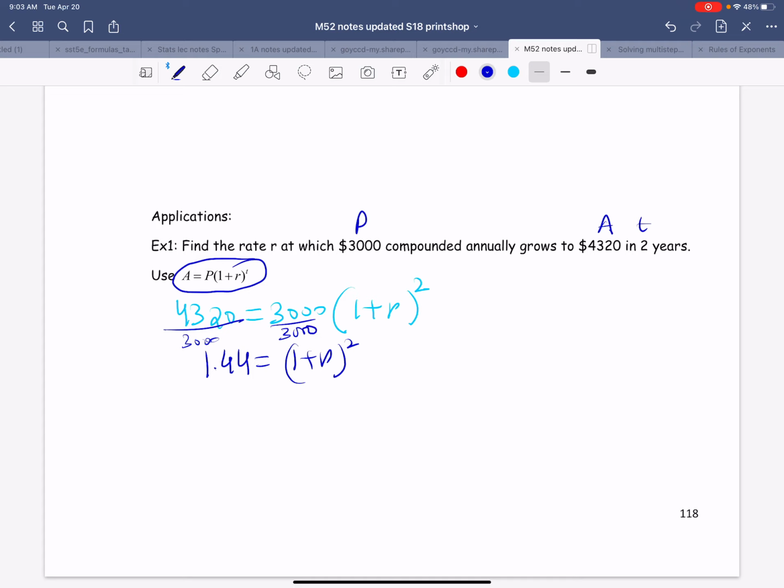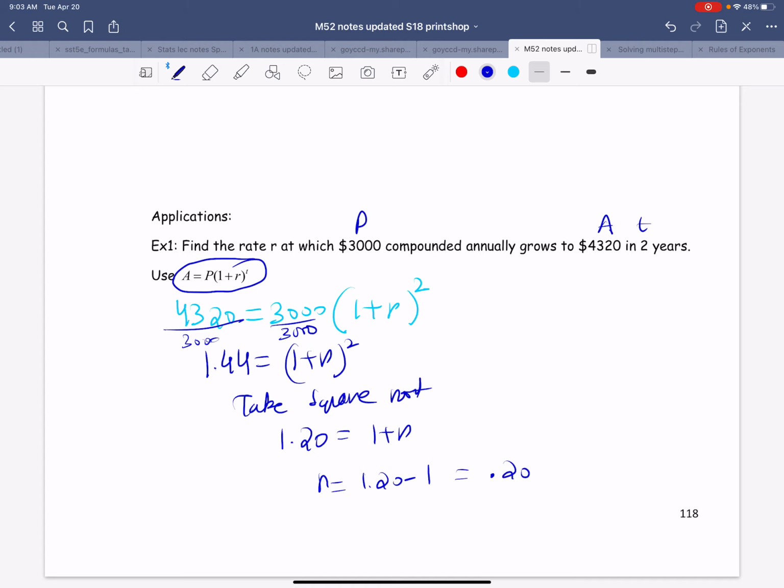Now I'm going to take square root on both sides. The square root of 1.44 is going to be 1.20 equals 1 plus R. And R would be 1.20 minus 1, which is 0.20.